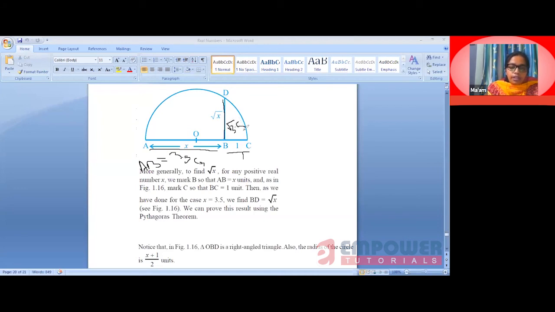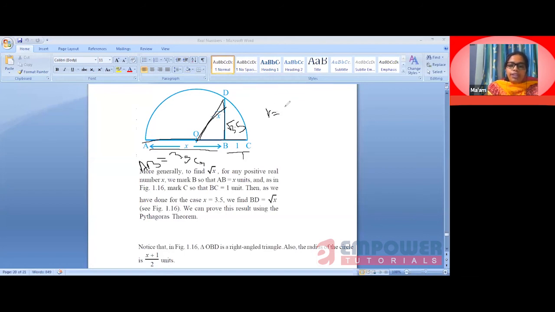Now I have to prove that BD represents root 3.5. Everyone knows the Pythagoras theorem. I will use that theorem to simplify this. If you see, OBD is a right angle triangle, right? And AO, OC and OD are radii of the circle.